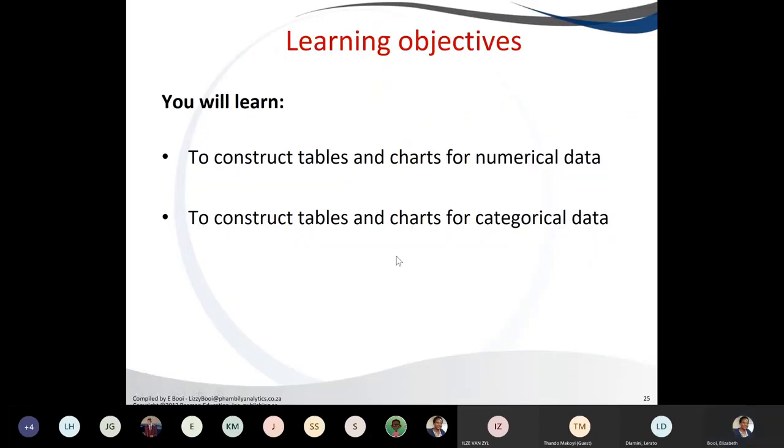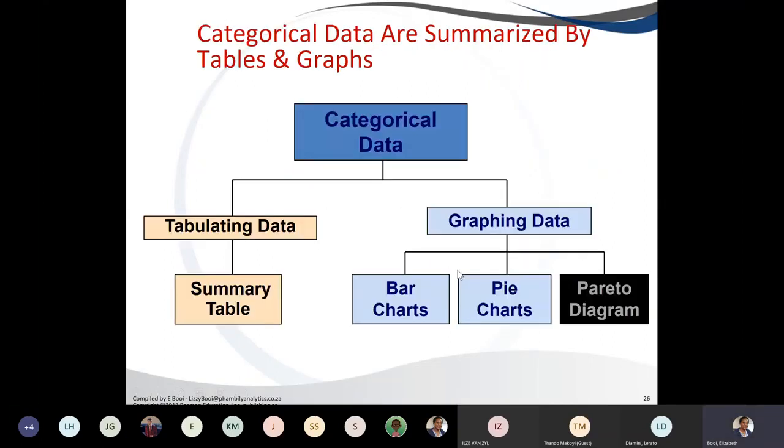By the end of Q2, you should be able to know how to visualize or construct tables and charts for numerical data and also for categorical data. Since we know categorical data is data that we can put into categories, there are very few things that you need to know in your module.